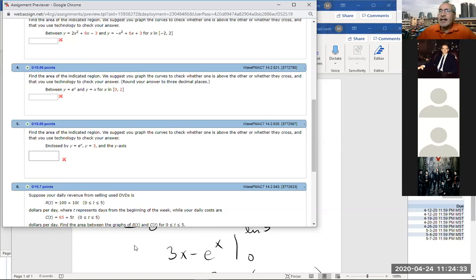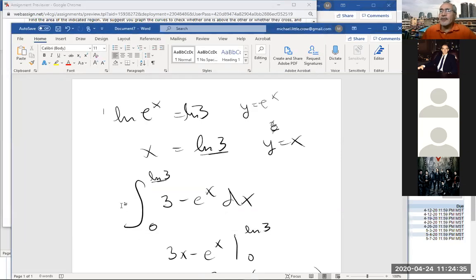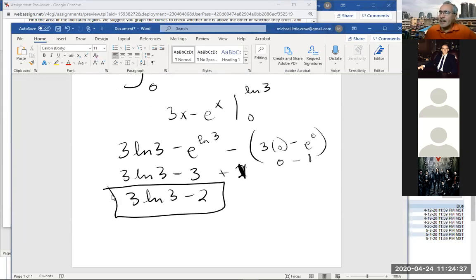And I think what you'd want to do is graph it. I think e to the x graphs like this. This is y equals x. Since you're going from 0 to 2, you just need to make sure that wherever they intersect is either within 2 or not.